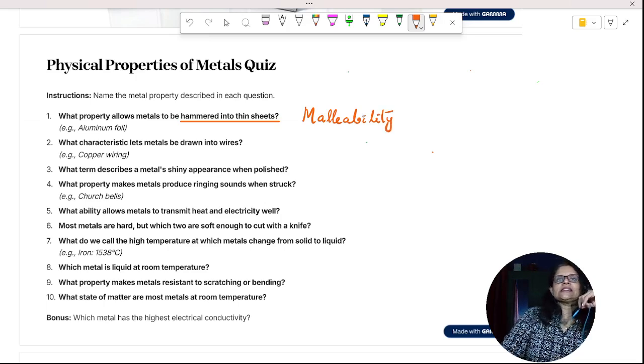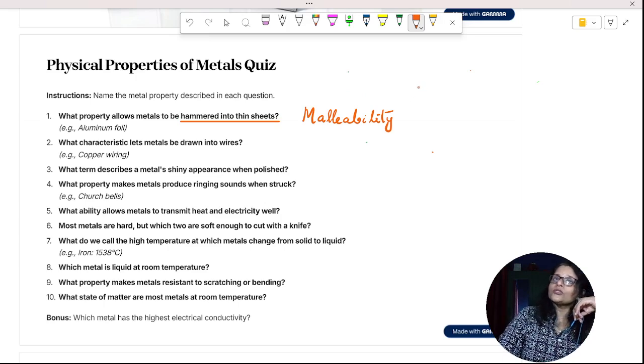Most of the metals are malleable. They can be hammered into thin sheets. You always use aluminum foil for packing your lunches, or if you order food from outside, we also get it in aluminum foil, right? So that is called malleability.